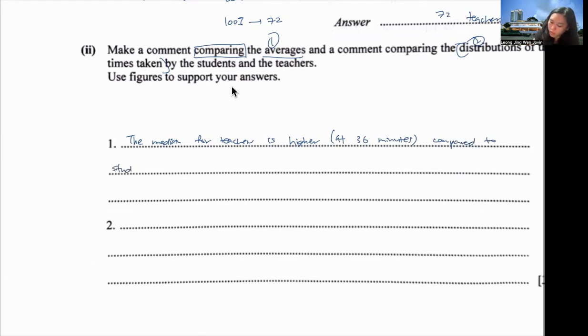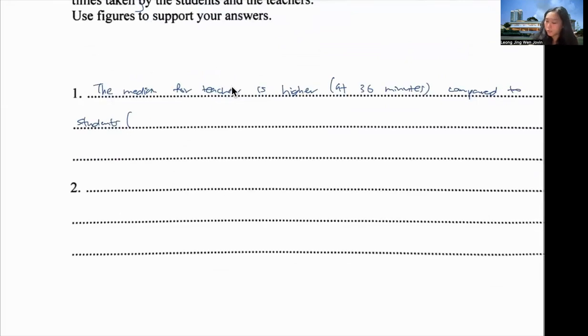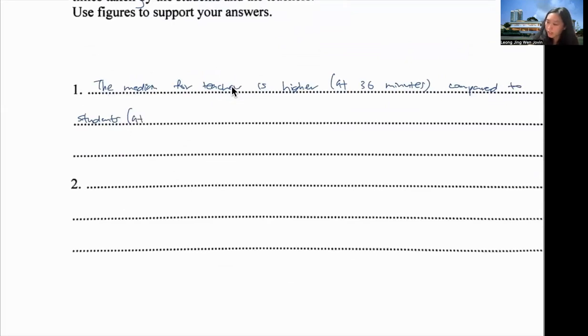So every time they give you data, you are free to use the data, right? So use the data and get your marks. Okay, so if you don't quote your data, I mean, can, but it would be nicer if you quote your data, right? Because it's already given to you. Just use it, okay? At 28 minutes, okay? So what does this tell you? If the median, we spell it out nicely, median, okay, median. Okay, so what does this tell you?